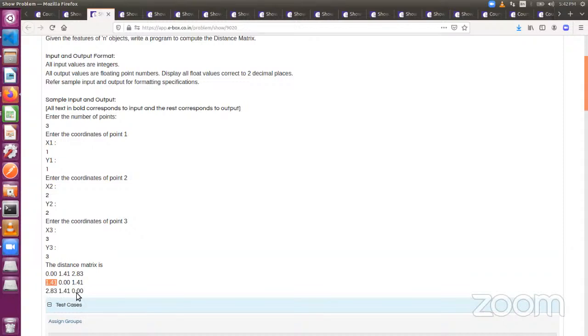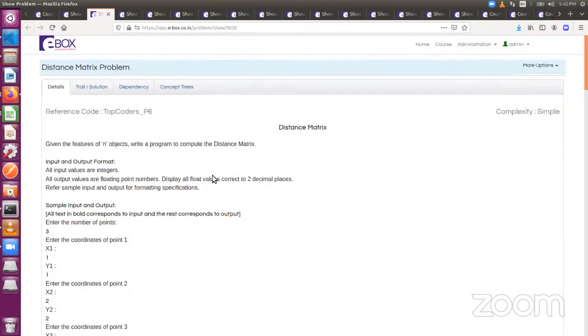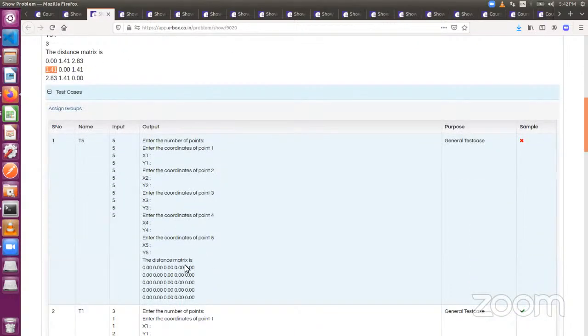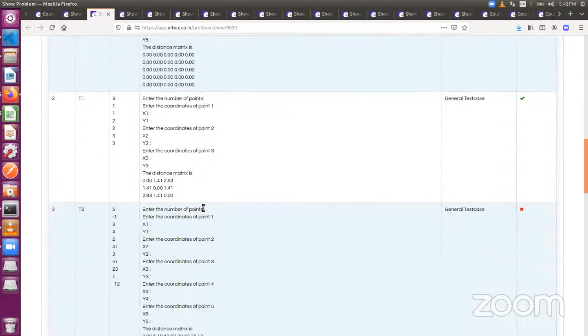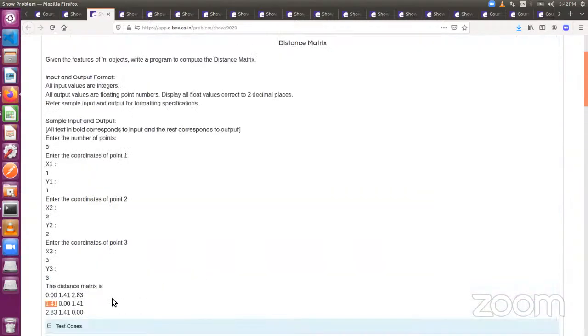That's it. So this is your next question, the distance matrix. There might be any number of points given. These are a few test cases. There can be any number of points, and the size of the matrix will be that many as well. An n cross n matrix you have to create.